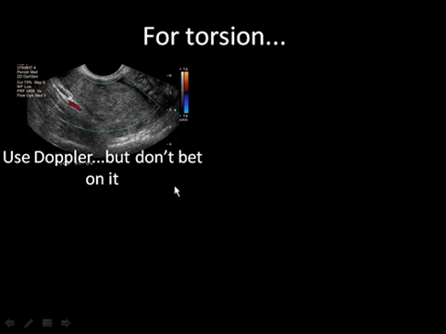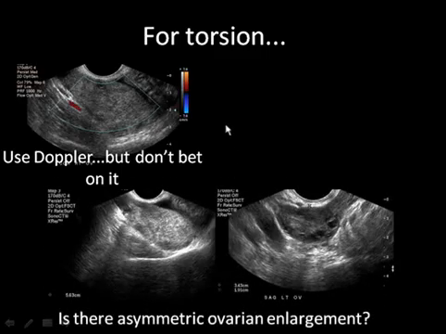So for torsion, it is important to use Doppler, but I suggest not betting on Doppler to make the final diagnosis, as the presence or absence of arterial and venous flow is not reliable in making the diagnosis. It's more important to check for asymmetric ovarian enlargement with enlargement of the affected or torsed ovary.